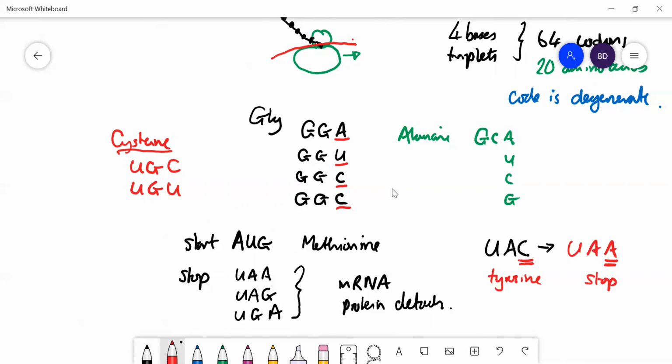So if tyrosine was in the middle of the protein, instead of getting the full length protein, you'd get a short protein, which obviously wouldn't work, and so it would lead to a non-functional protein. So that could potentially be a very damaging mutation, one where the cell may not be viable. Okay, so there's a little bit about protein synthesis and translation of messenger RNAs.